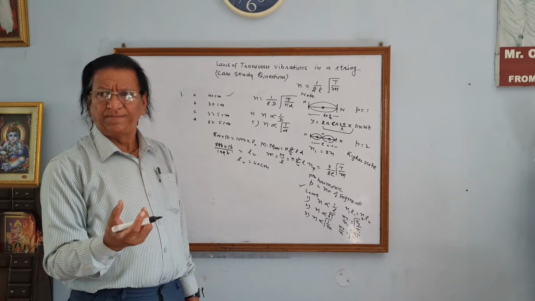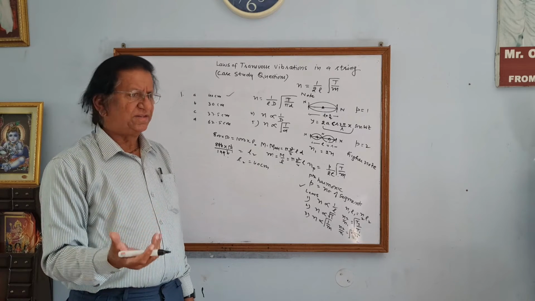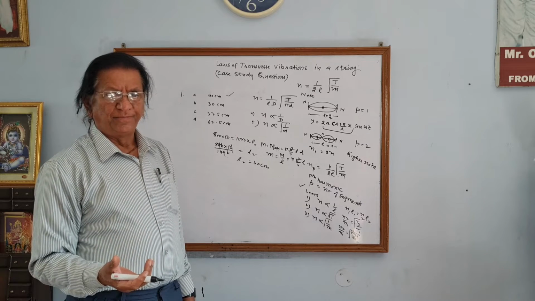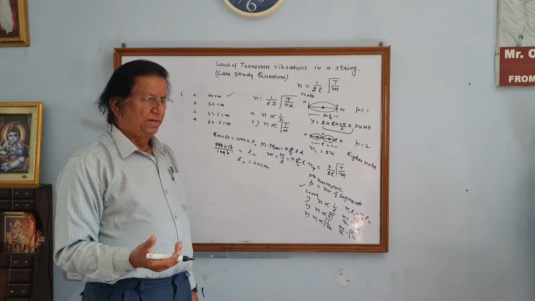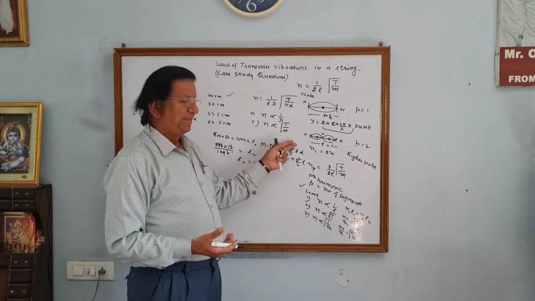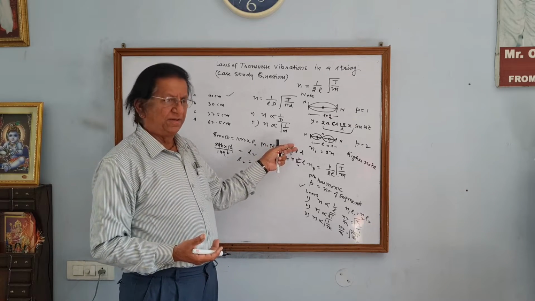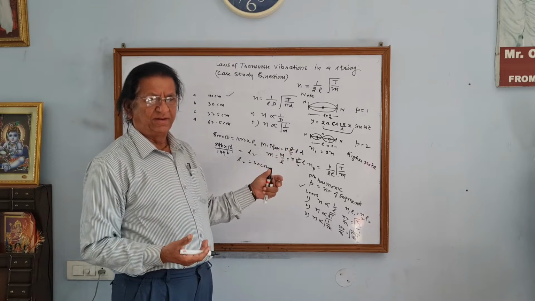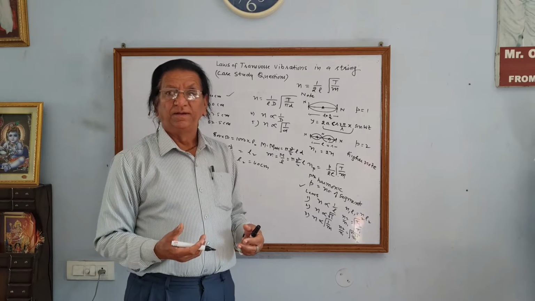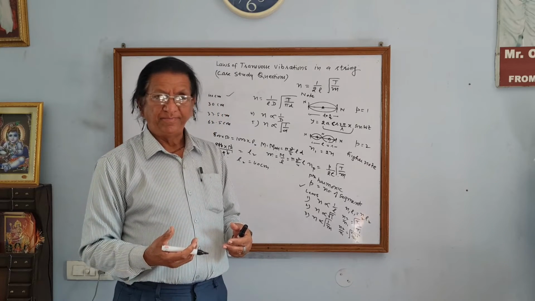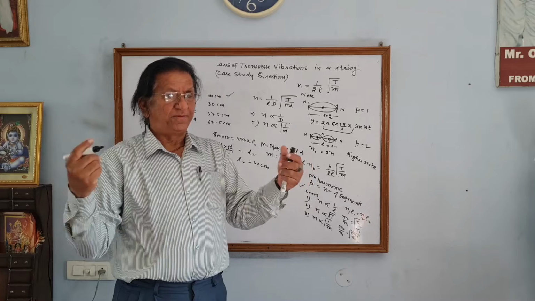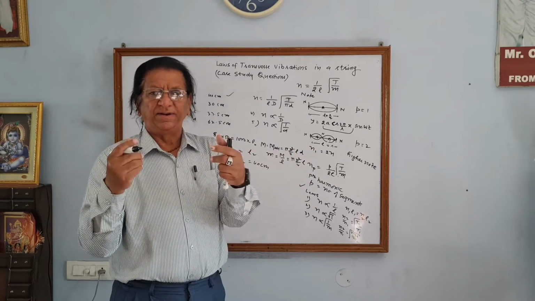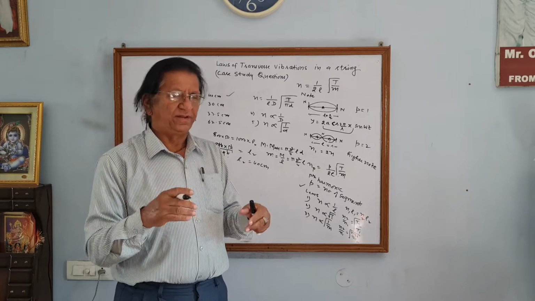Four choices are given. Okay, and a case is given, and the case is based upon a particular concept. Got my point? And this case is regarding the laws of transverse vibration in a string. Basically, it is a case of superposition of two waves coming from opposite directions. The waves were identical. They were traveling simultaneously, independently. They reach a point in space at the same time.